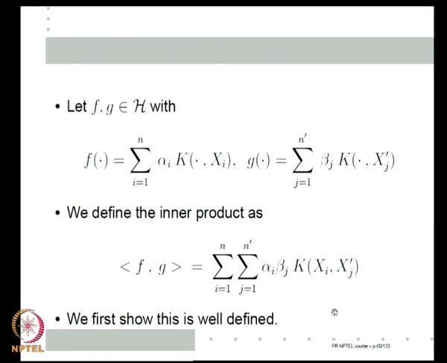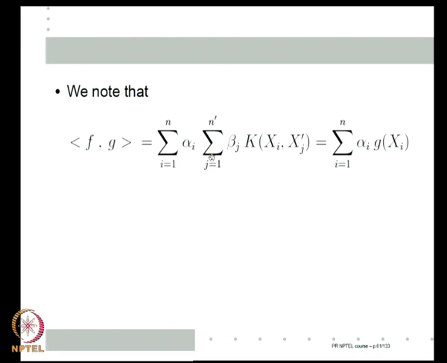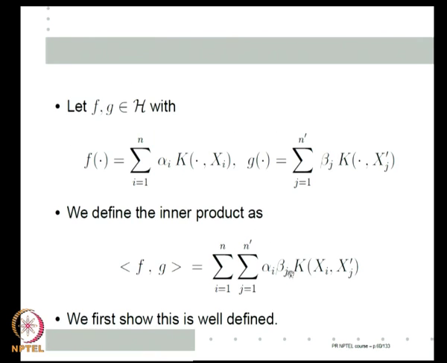In the inner product as we defined, I can take alpha_i outside, and what I have is the summation over j of beta_j k(x_i, x_j prime). Now g is the summation over j of beta_j k(., x_j prime), so g of x_i will be the sum of beta_j k(x_i, x_j prime).